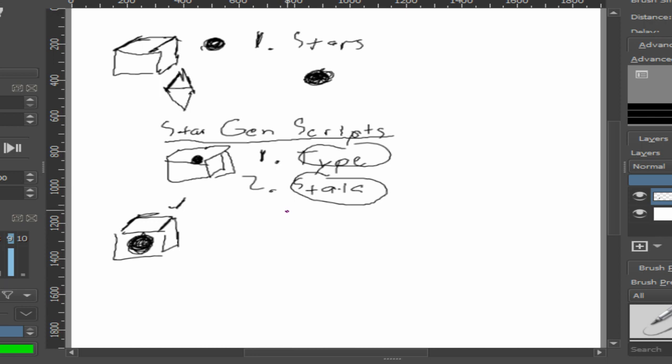For instance, with density of stars, stars do not have the same density. I guess that goes without saying. But even within types, there are subtypes. And those subtypes have different densities from one another.